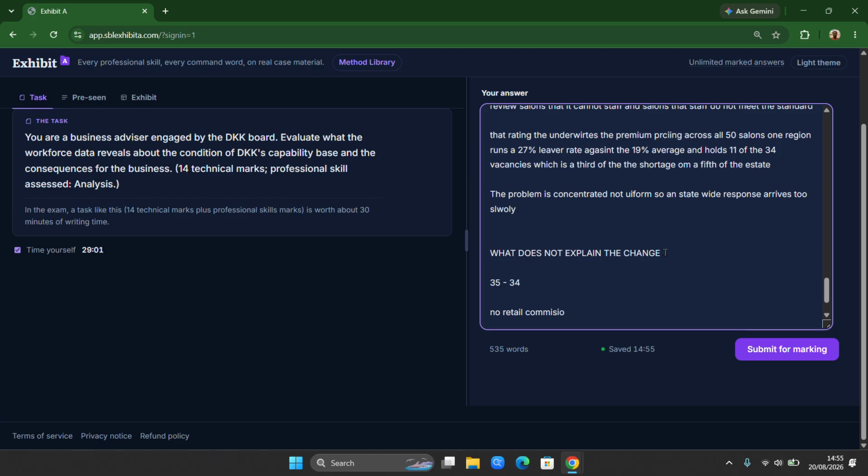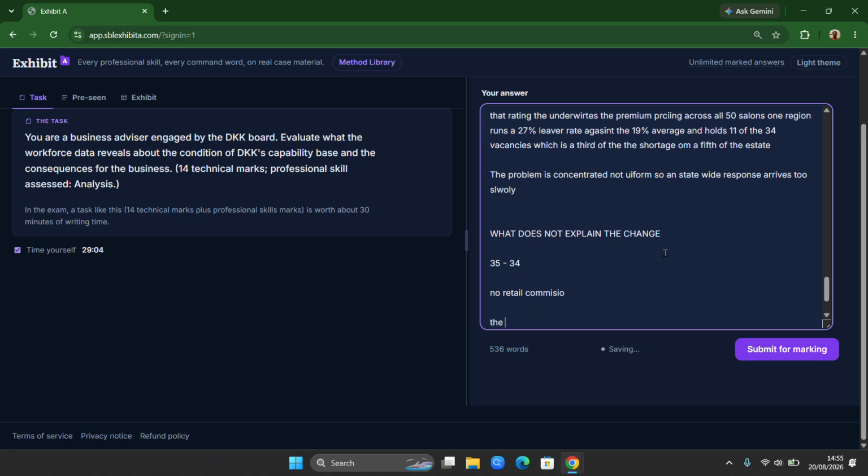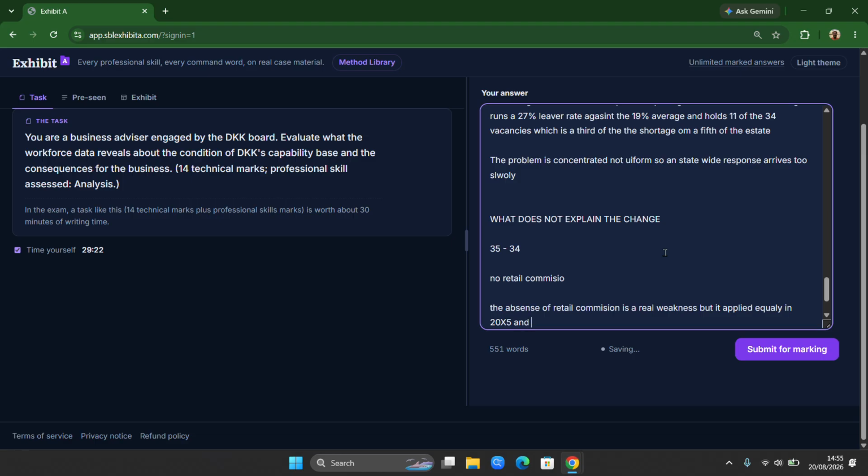The absence of retail commission is a real weakness, but it applied equally in 20x5 and 20x4 and cannot explain a 5-point move in one year.